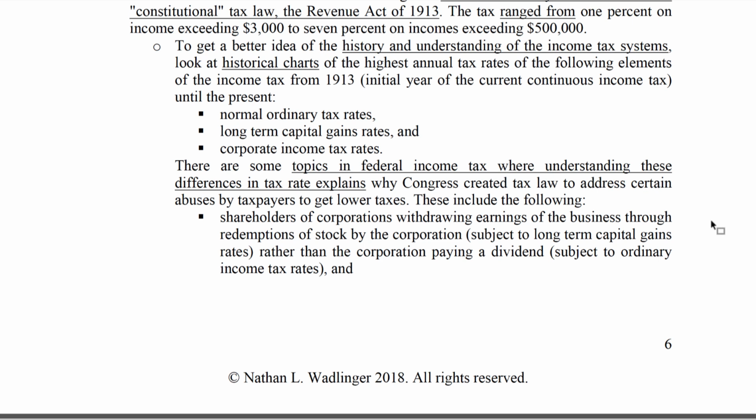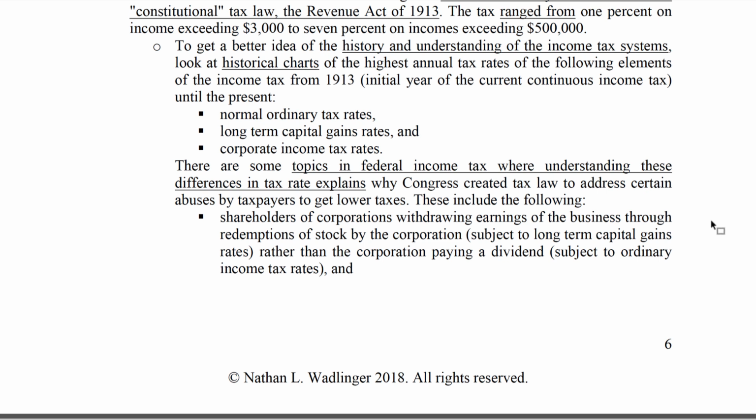So basically, rather than receive a dividend from a corporation, a shareholder would sell stock back to the corporation, still have the ownership percentage or control, if they had enough ownership of the corporation, and that would be characterized under the law as the sale of stock, which would be long-term capital gain if held for more than a year.